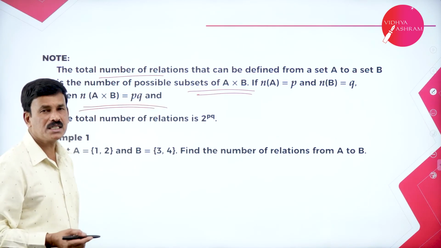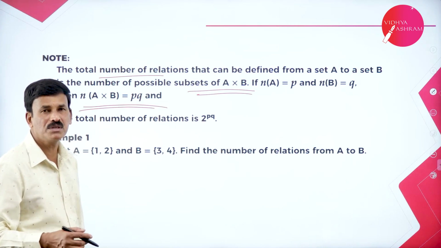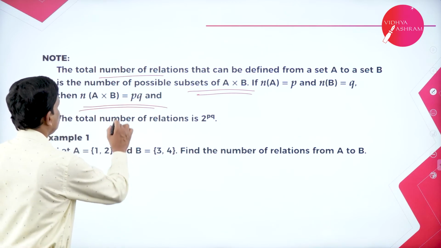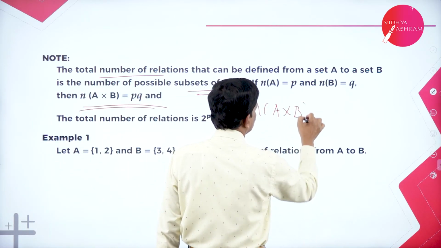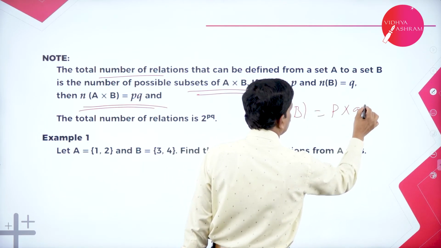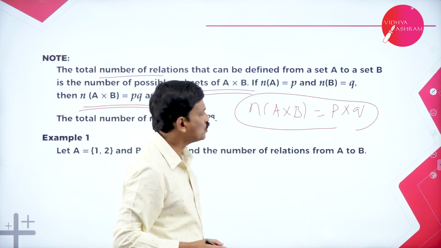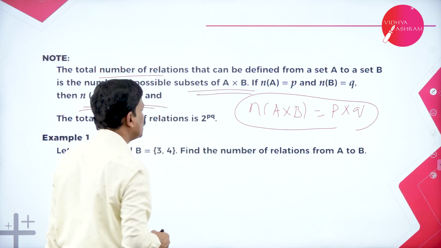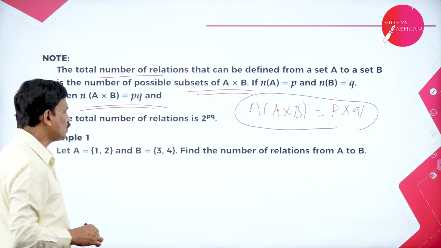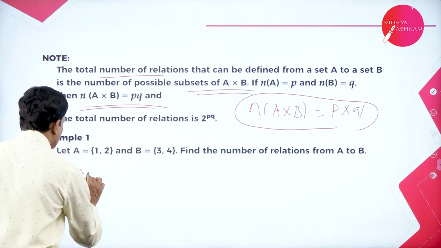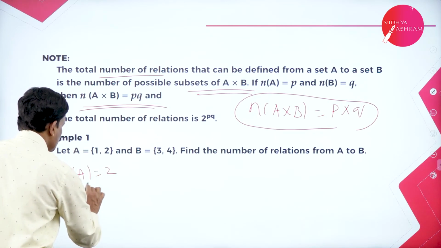Suppose a set A contains P elements and a set B contains Q elements, the number of elements in A cross B is equal to P into Q, where P is the number of elements in the set A and Q is the number of elements in the set B. For example, if A is equal to {1, 2} and B is equal to {3, 4}, n of A is equal to 2, n of B is equal to 2.